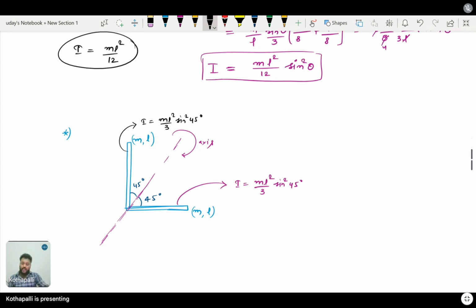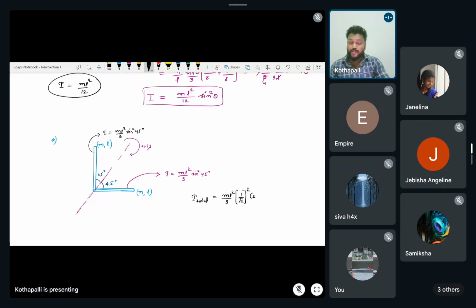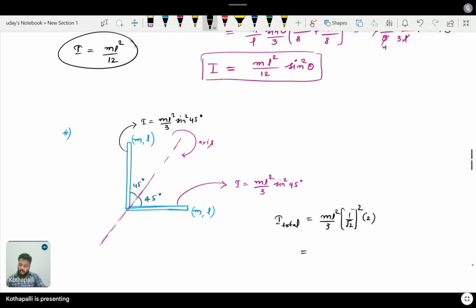So the total moment of inertia will be ML square by 3 sine square 45, that is 1 by root 2 whole square, into 2 times that value. So it will be ML square by 3, because root 2 whole square is 2 and the 2 will get cancelled. This is the total moment of inertia in the SI system. I hope you understand. Is it clear?